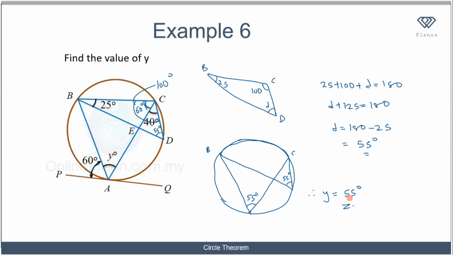Once you're done learning the theorems, the next thing you have to do is to know how to apply them. The best way to know how to apply them is to solve as many questions as possible. So I will suggest that you go to your textbook and try to solve many questions so you'll be familiar with how to apply the theorems appropriately. In the next section, we're going to be looking at some JAMB past questions to see how to apply the concepts that we've learned to solve practical questions.